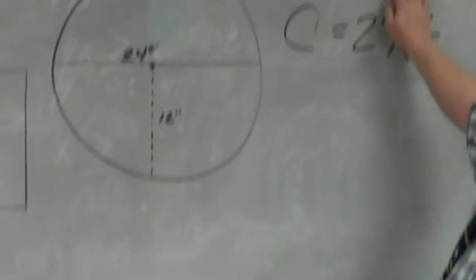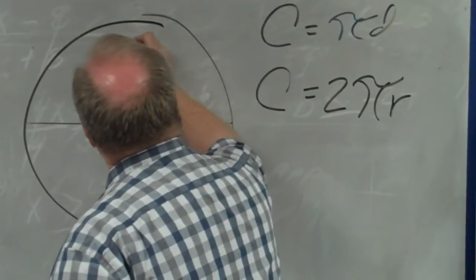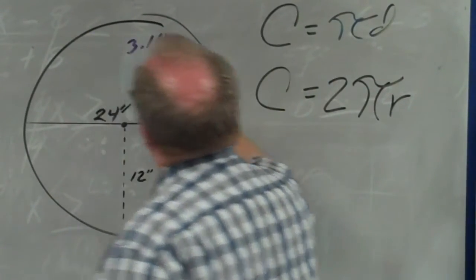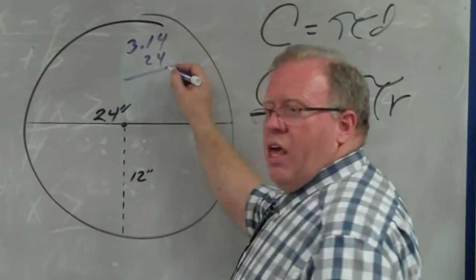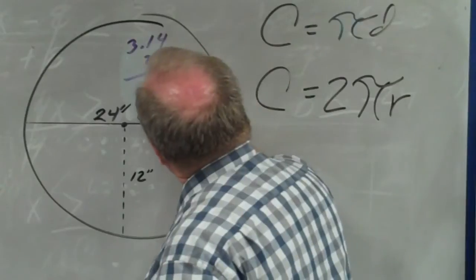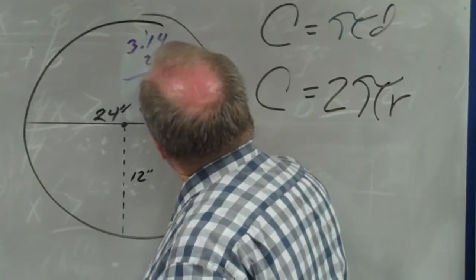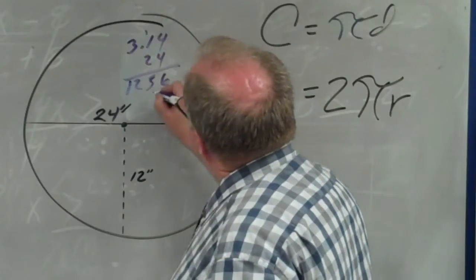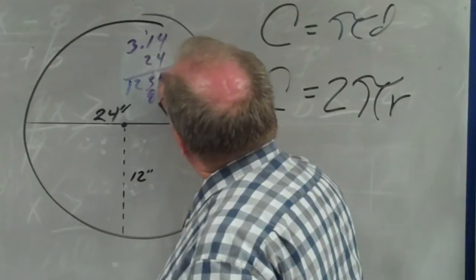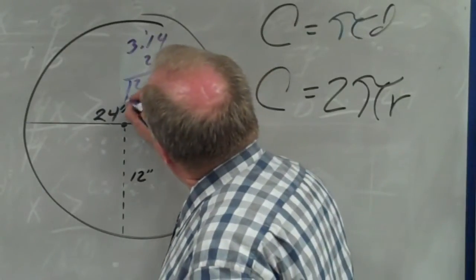Okay. Here's our formula for our circumference using the diameter. So we would take 3.14, multiply that by 24, and we end up getting 16, there's 4, 5, and 3 times 4 is 12. So now we have 2 times 4 is 8, and 2 times 3 is 6.